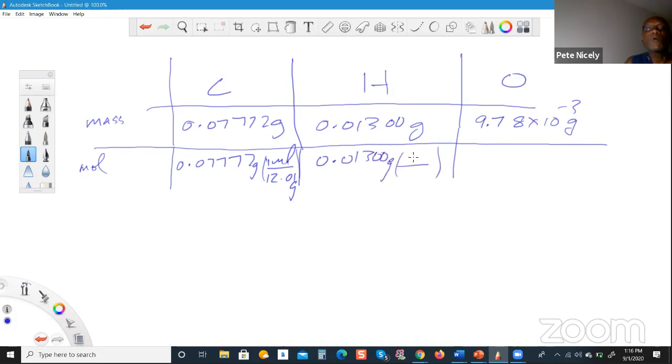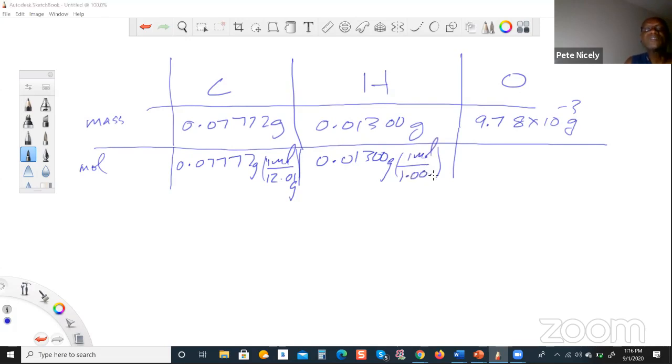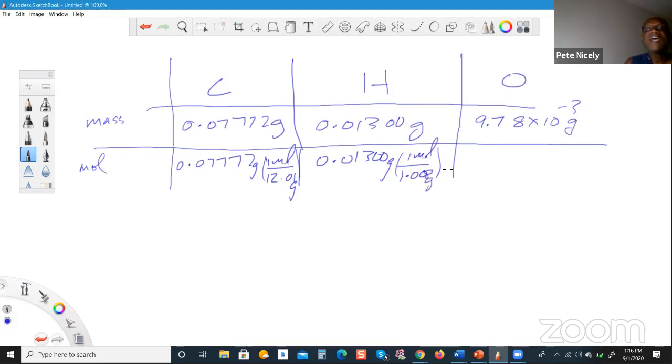So multiply that by 1 mole over 1.008 grams. And then finally, in the case of oxygen, 9.78 times 10 to the minus 3, multiply that by 1 mole over 16.00 grams. And then we do our calculation of the moles.